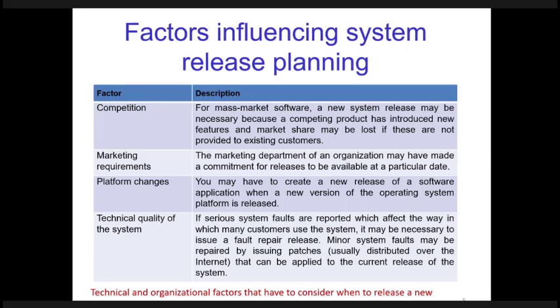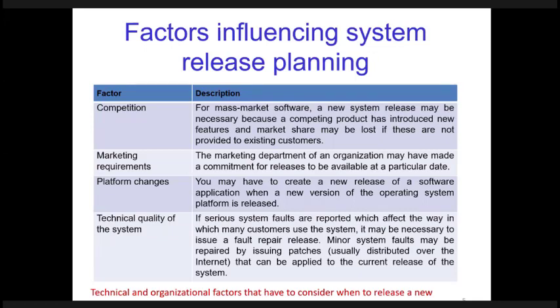So competition will. So therefore, you realize now there is another competitive product that has come to the market, and we now stop making our product available for the community. So we're talking about mass market software, generic software.